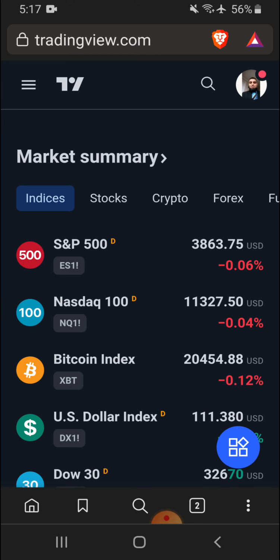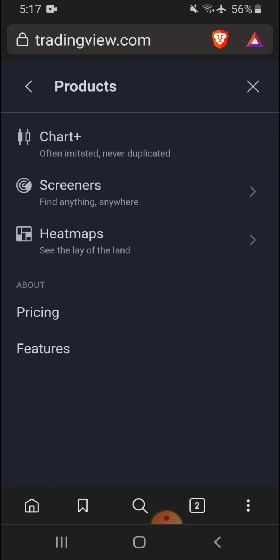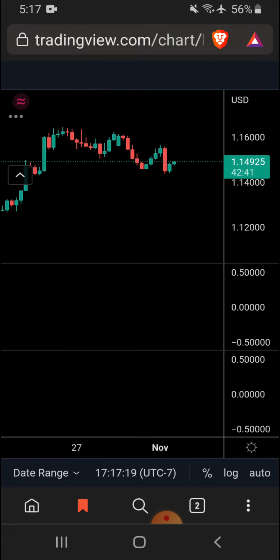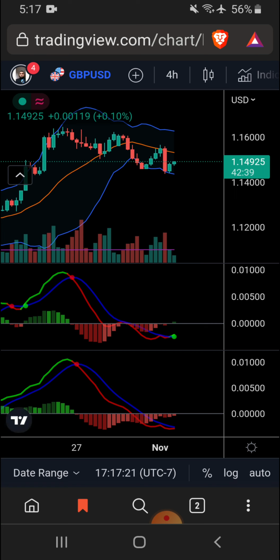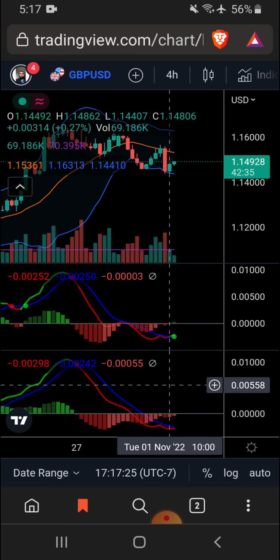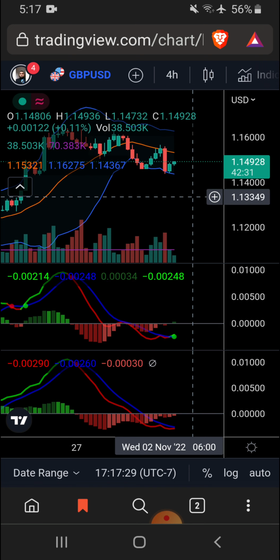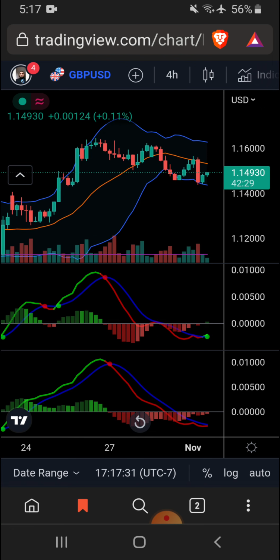So I'm working on something a little bit different. I'm still looking to code this strategy into an EA. It shouldn't be too hard. Instead of the histogram, it uses the signal this time, so the actual MACD signal instead of the histogram. And then it just uses Bollinger Band, so it's pretty simple.